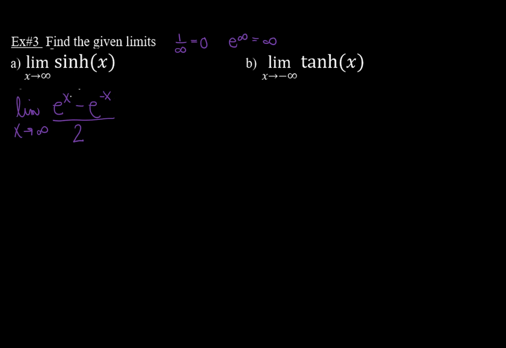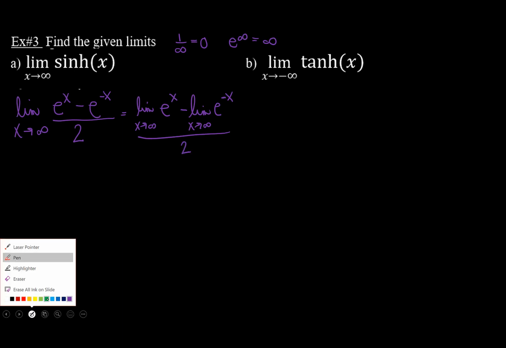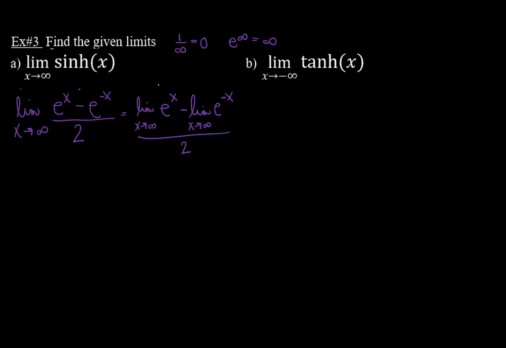Then I'm going to look at what I have here, and I'm going to essentially take the limit of each piece. I'm going to take the limit as x approaches infinity of e to the x, and the limit as x approaches infinity of e to the negative x. I'm going to subtract them and then divide that by 2. So this one right here, we know that this one here approaches infinity.